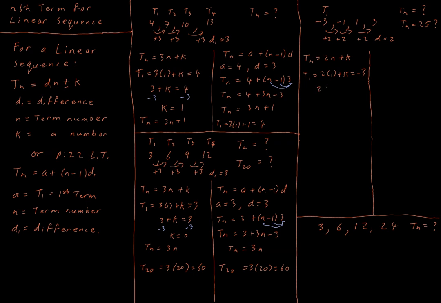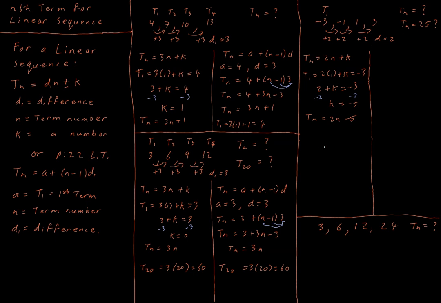So we have 2 plus k is equal to minus 3. And when we rearrange that formula, we get k must be equal to minus 5. So I know that my formula should be 2n minus 5.